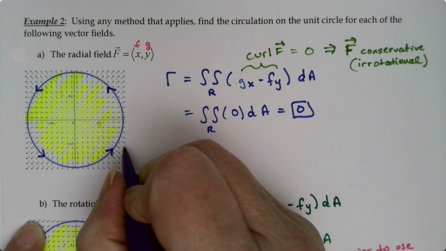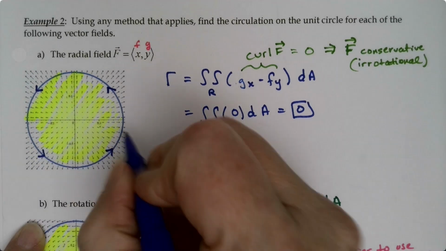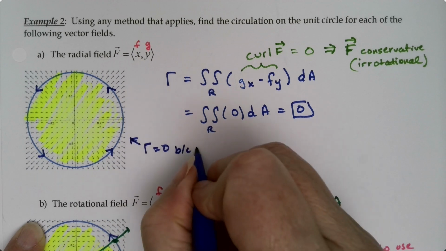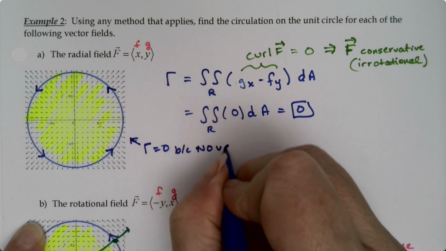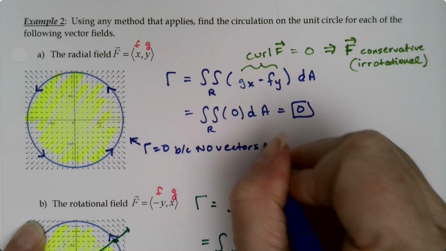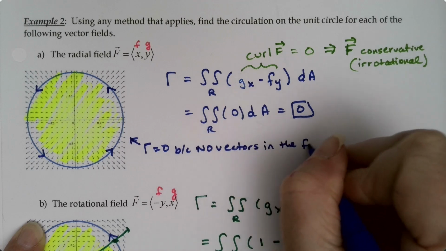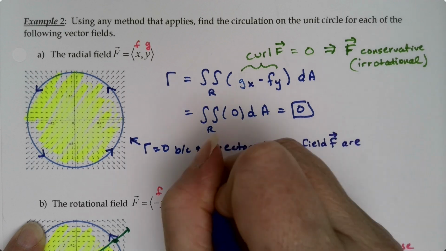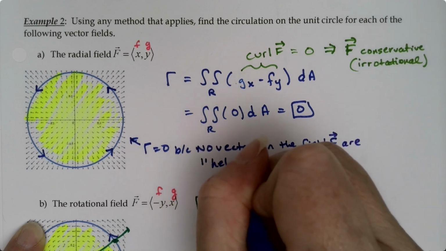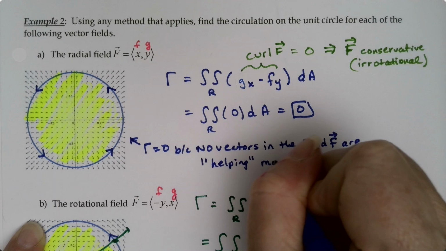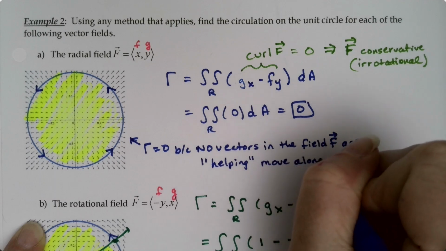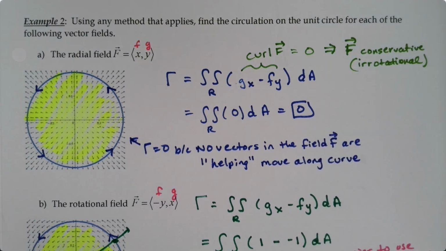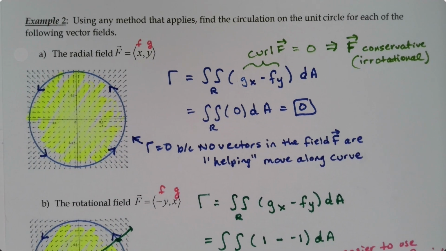So this particular one, if we want to make a note, the circulation is 0 because no vectors in the field F are helping move along the curve, right? So if you're thinking about the motion, none of the vectors are helping, not at all, right?